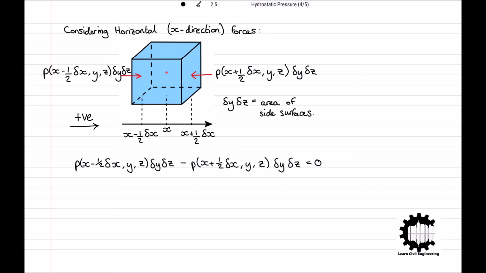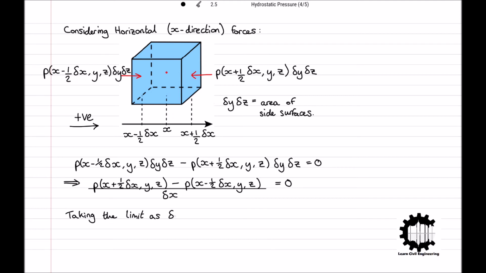Again, dividing this equation by delta V, we get that the pressure with respect to the coordinate x plus half delta x, y, z, minus the pressure with respect to the coordinate x minus half delta x, y, z, all divided by delta x, is equal to 0. Then, taking the limit as delta V tends to 0, gives the partial derivative of p divided by the partial derivative of x is equal to 0.